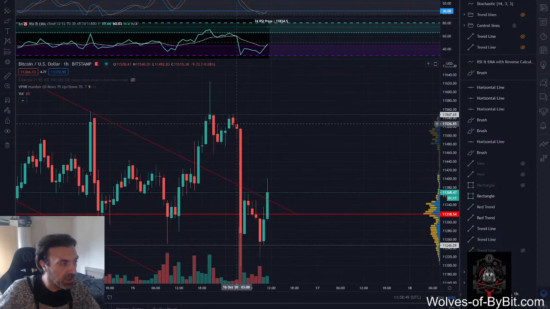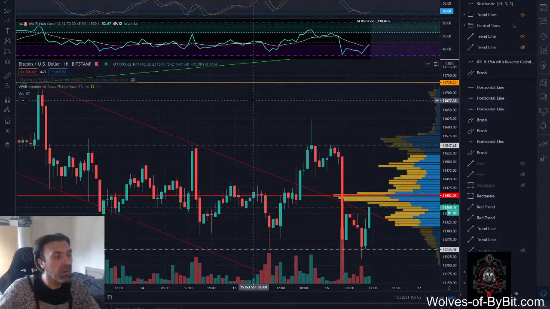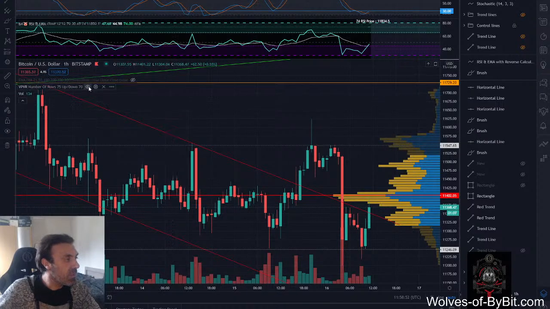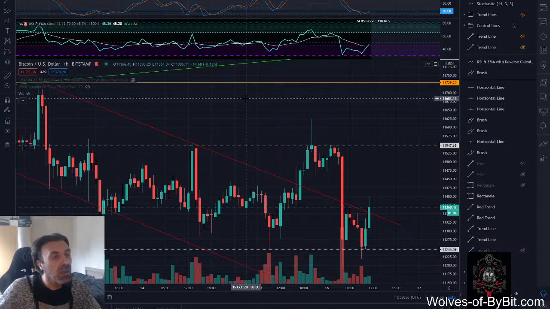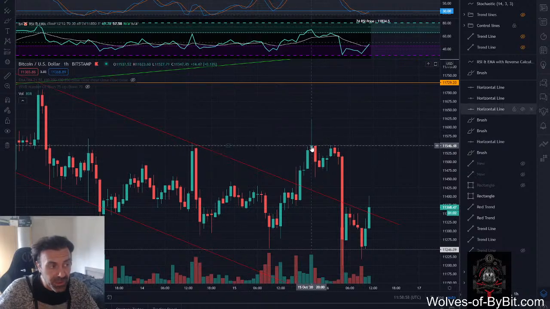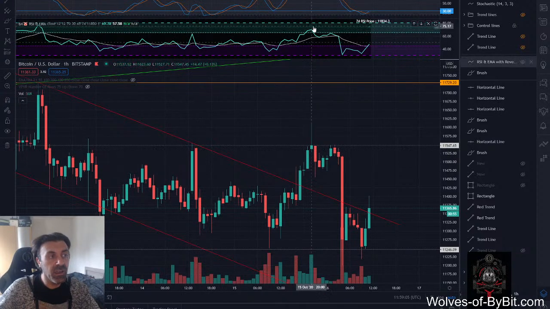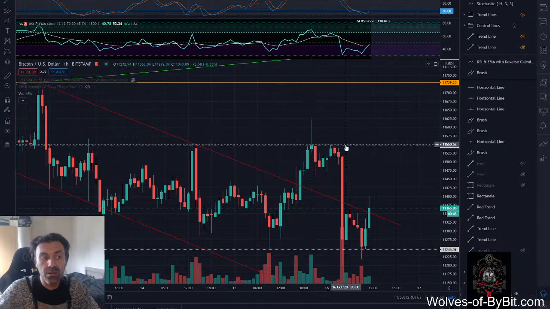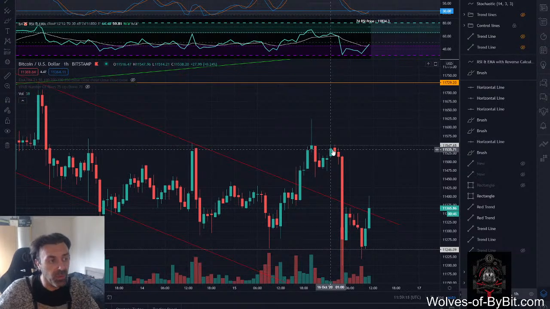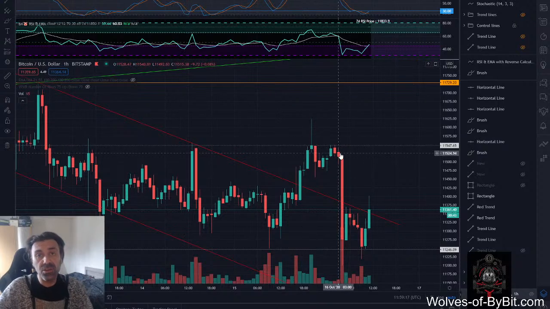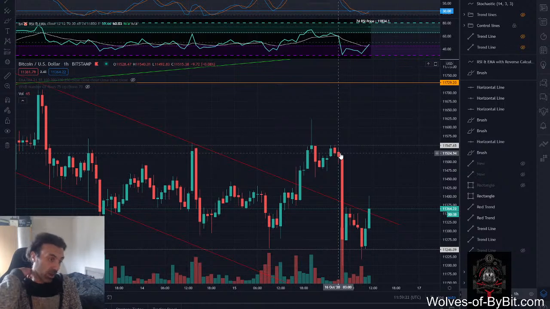I'm going to zoom in a little bit so you see it better, and let's get rid of the volume profile. Price here did manage to close right above this high, making a higher high on the RSI as well. The retest was a lower high followed by a lower high on the price. So this action was actually really healthy. There's no problems here at all.